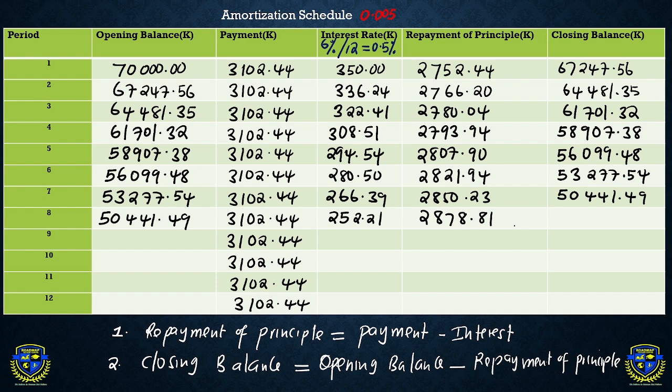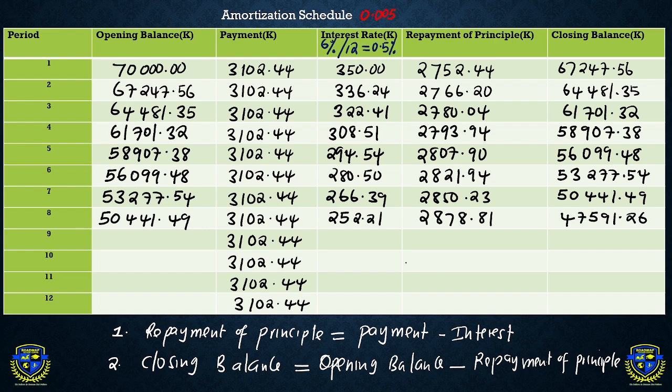Then the repayment of principal being subtracted from the opening balance, which is 50,441.49. Okay, that's going to give us 47,591.26.